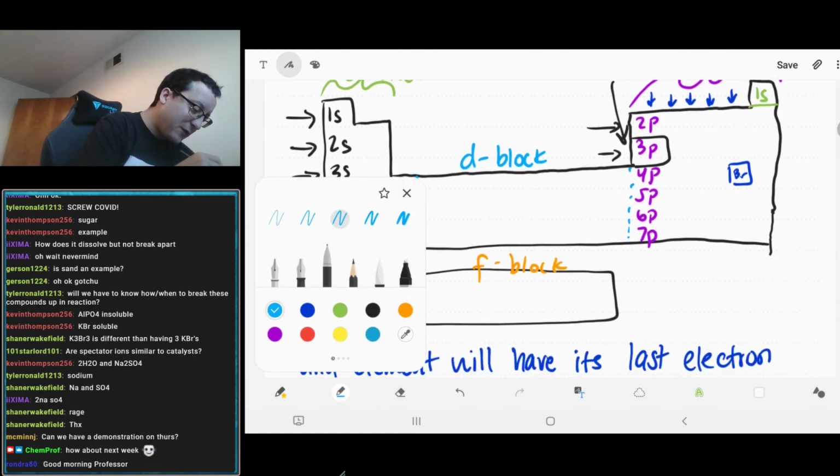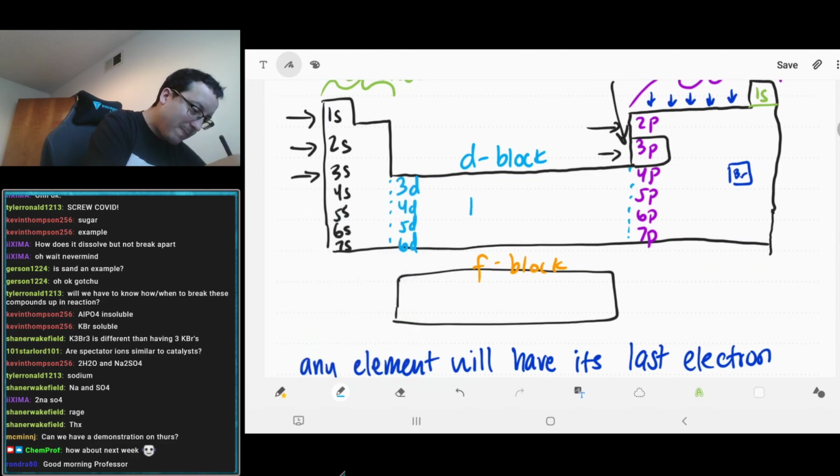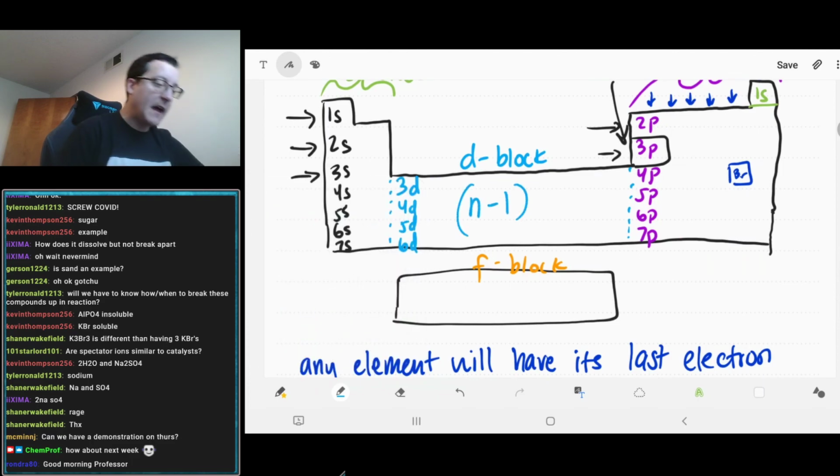And so we just have to remember that anything we're doing in the d block is just one shell behind. I understand this is not obvious to you, but that's the way the energetics work out. So 3D is actually kind of in between 4s and 4p in terms of its energy.